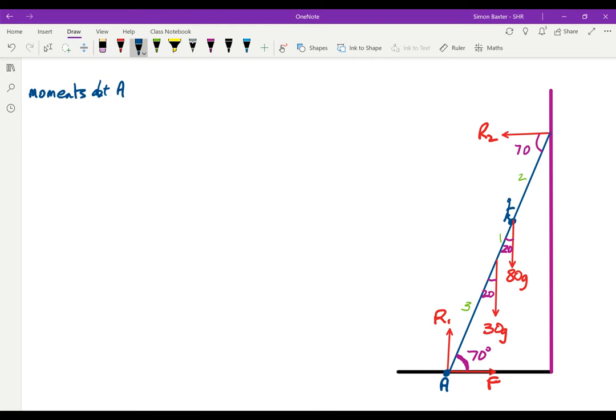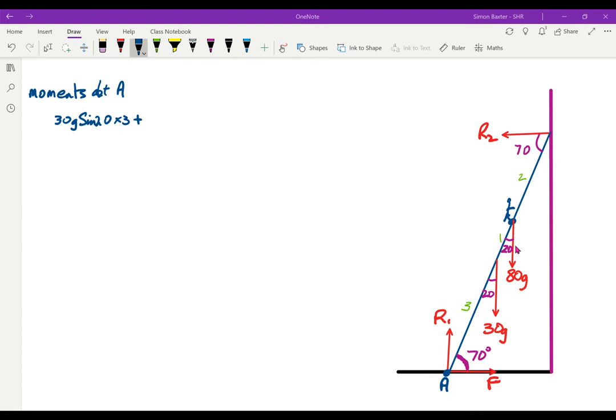then if we take the weight of the ladder, that's 30g, resolve it, you get 30g sine 20 times 3. You'll also get the moment due to the weight of the man acting on the ladder.